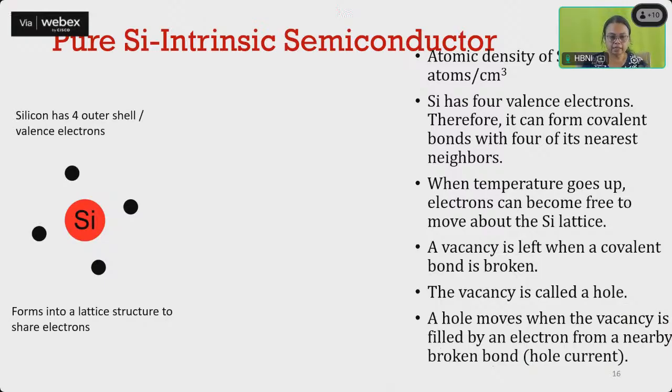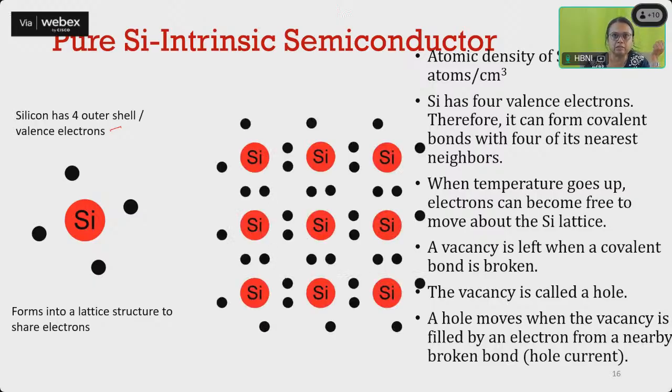Now we will take the case of silicon and see how the conduction happens. We have already seen that silicon has four electrons in the outer shell, which are the valence electrons, and therefore it can form covalent bonds with four of its nearest neighbors.